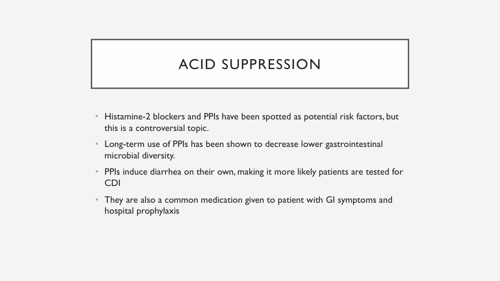The issue is that it's hard to tease out the biases. When you see someone on a PPI, is that person getting tested for C. diff more often because they already have underlying bowel disease? That's why they're on the PPI. Is the PPI itself causing diarrhea? Or is the PPI destroying some of the gut biome, which is increasing the risk of CDI? All these questions are hard to parse out in the literature.